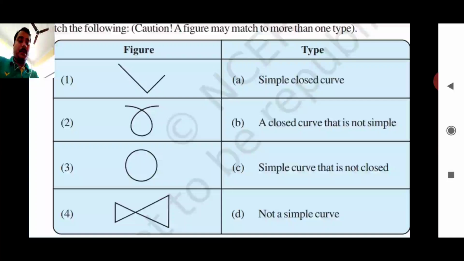Third one, it is a circle and it is closed, this is also simple, so third one matches to A, simple closed curve. And fourth one is also a closed curve that is not simple, closed but not simple, because this crosses itself.